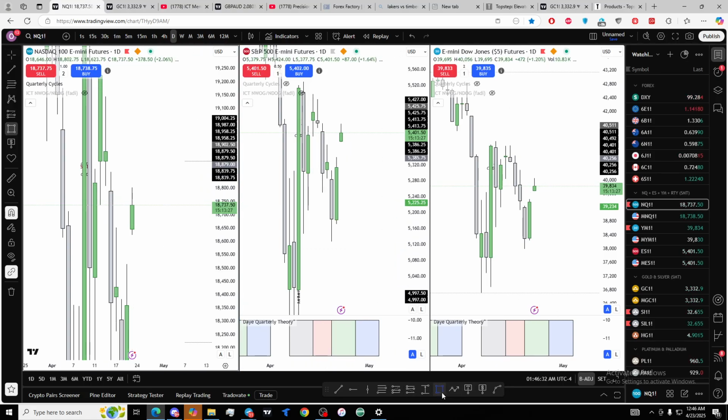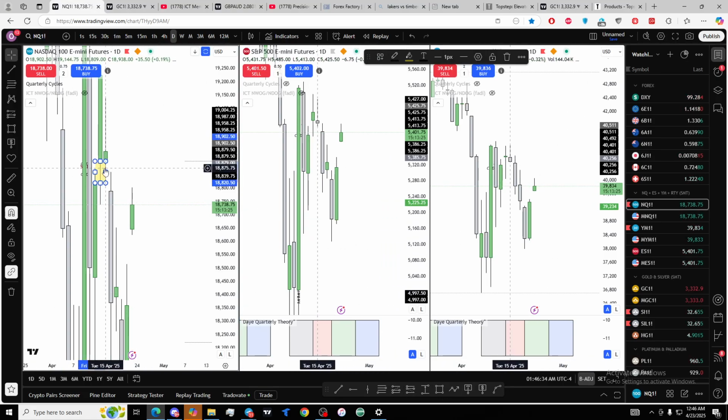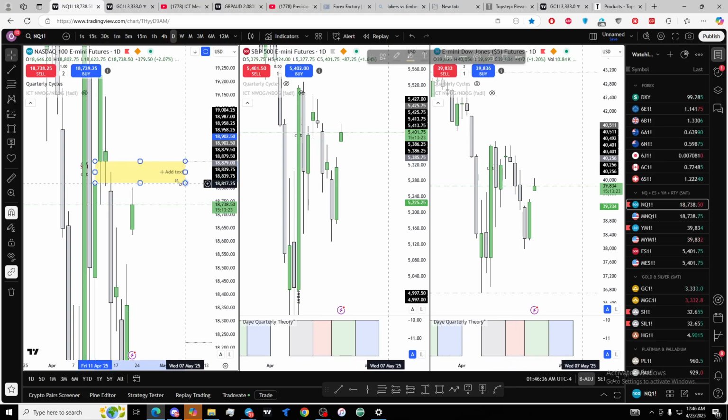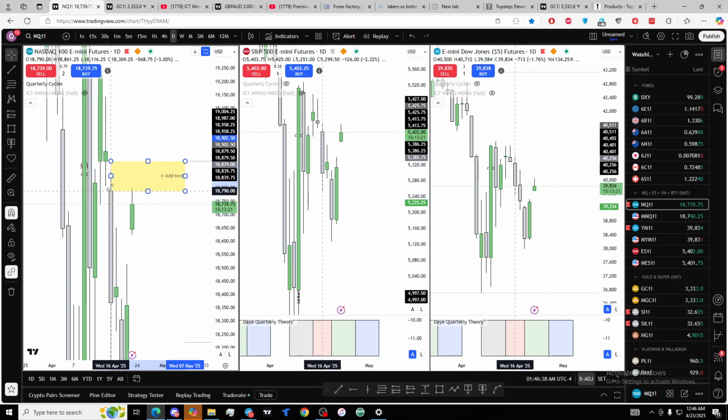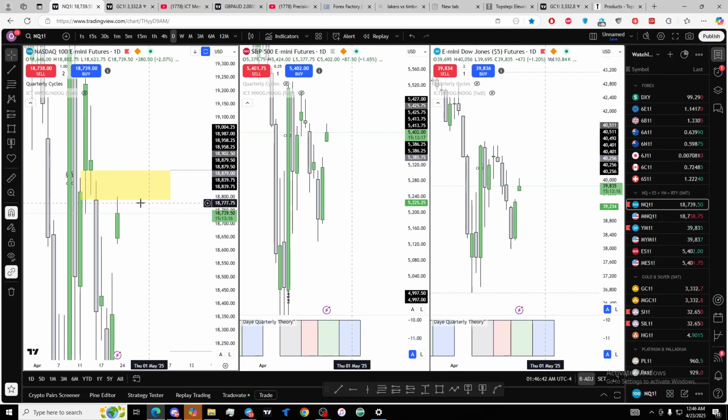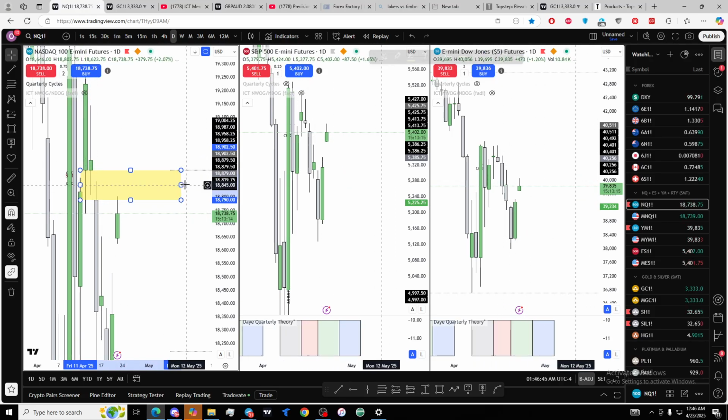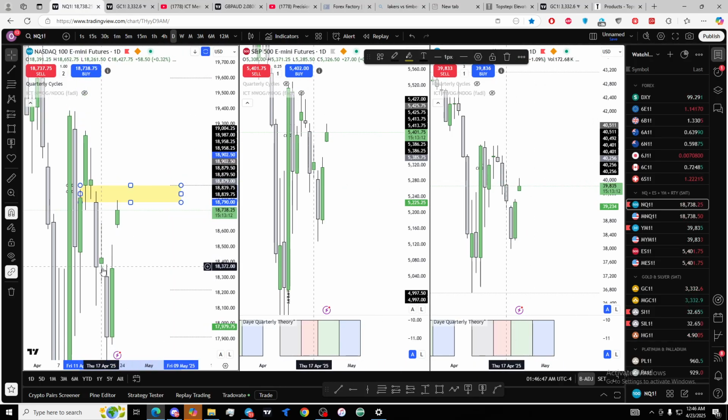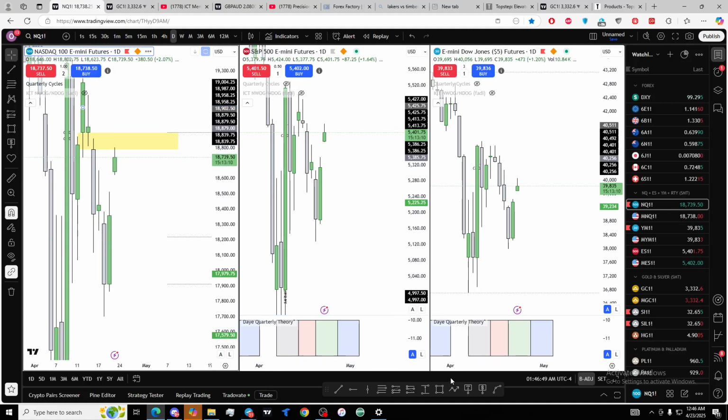So I know that price definitely needs to trade up there. Right? So we had a lot of volume balances up here. And we had volume balance right here as well. So I know price needed to come up here.